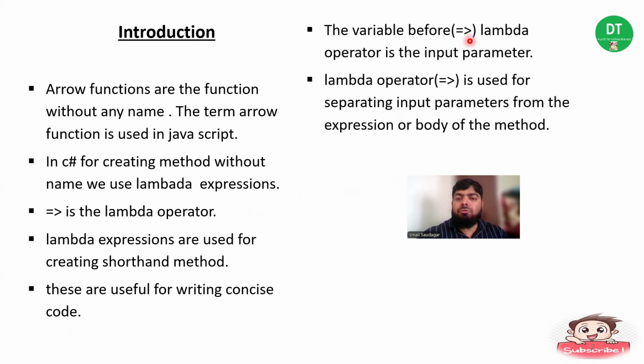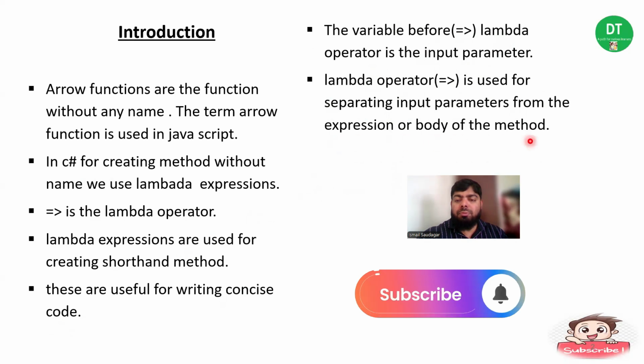The variable before equal to greater than, that is the lambda operator, is the input parameter. The lambda operator is used for separating input parameters from the expression or body of the method.